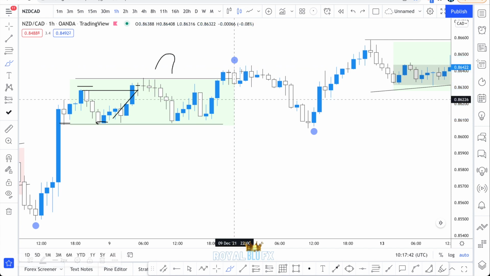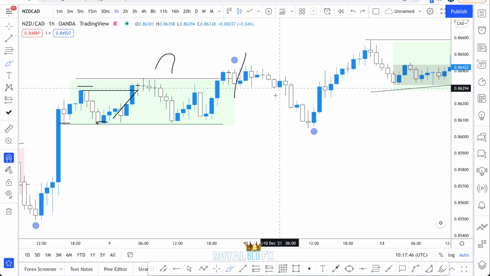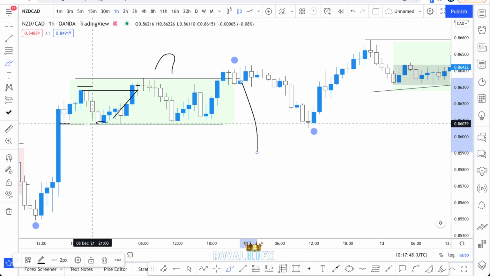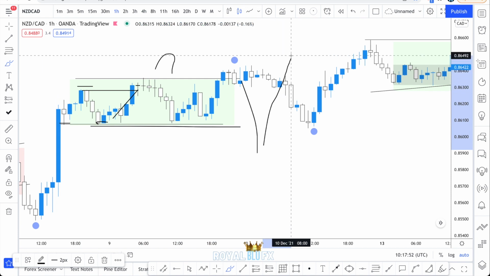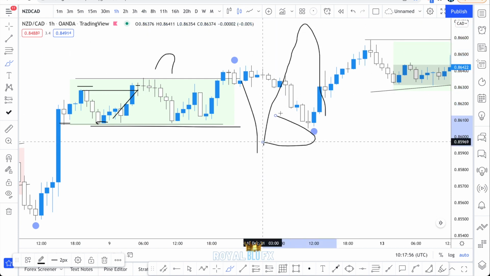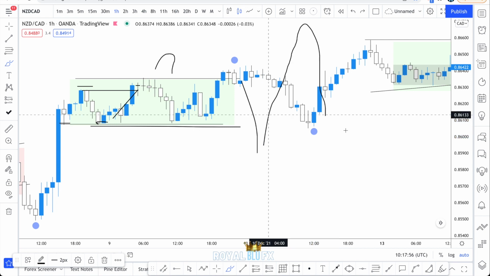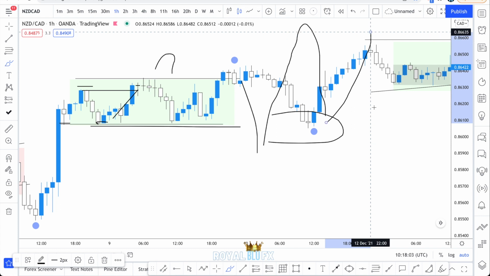We don't know if the market is going to come out here and take out the sellers first. For all we know, price could come down here and take out the buyers first, and then the sellers second, and then price can come back to a demand area like this, and then go right back above, like that.